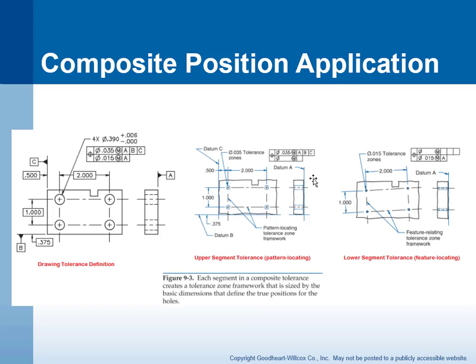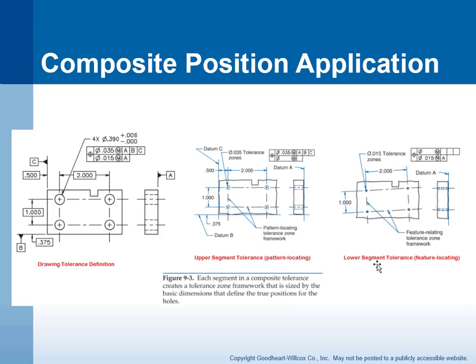Now, once we're in this tolerance zone, the lower segment tries to hold the holes tighter in relation to each other. Think about a meter that mounts in a panel, for instance. You've got this big panel with a bunch of different meters mounted in it.